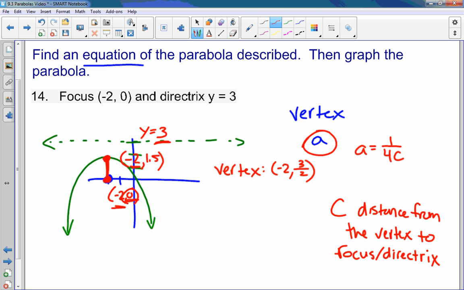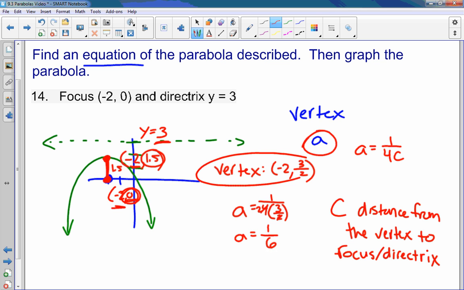Well, we just found that if that's 0 and that's 1.5, then the distance is 1.5. So c is equal to 3/2. So a is equal to 1 over 4 times 3/2. We need to solve for a. The 2 and the 4 can reduce, and we get 1/6.